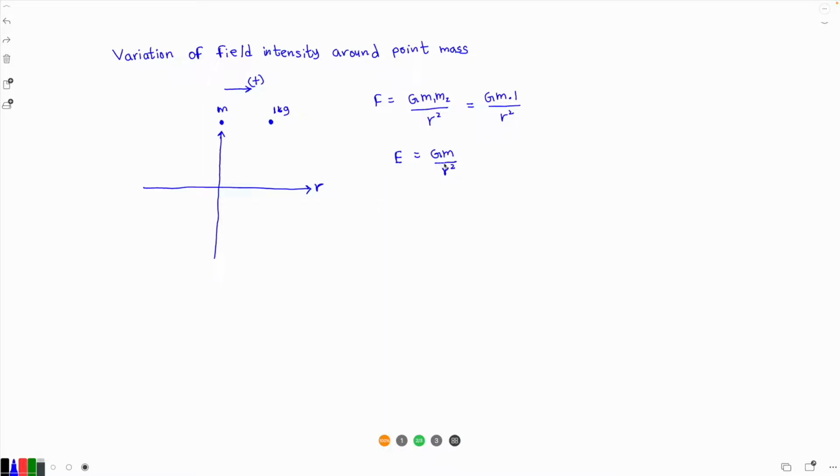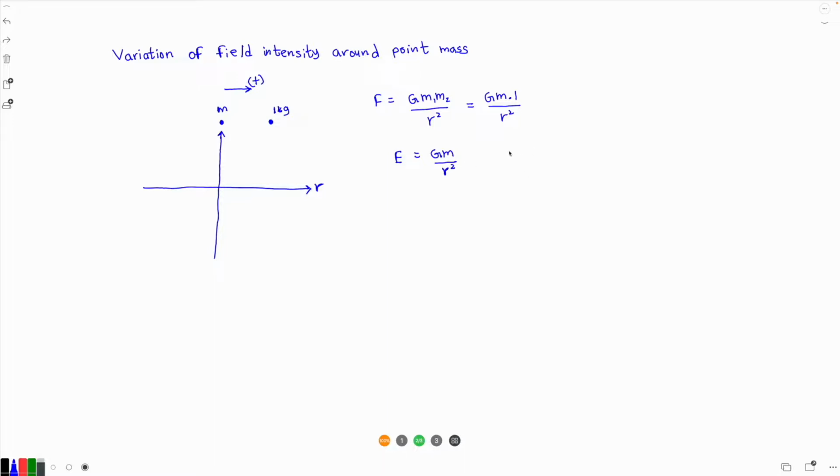When r is going to zero, the field intensity is going to infinity. When the distance between these two particles is infinity, the field intensity is going to zero.